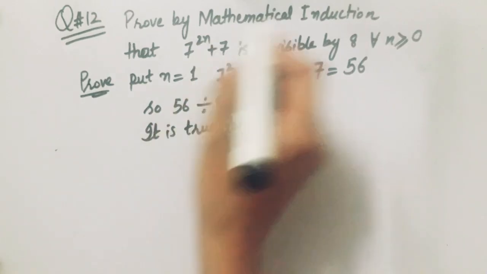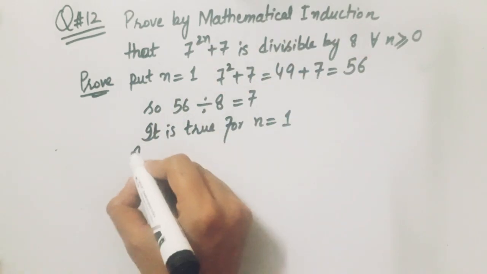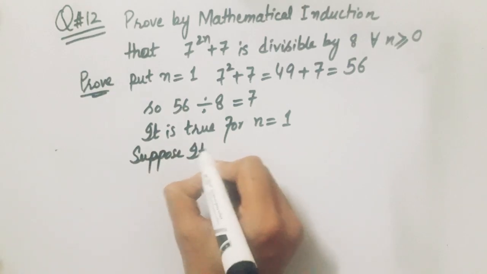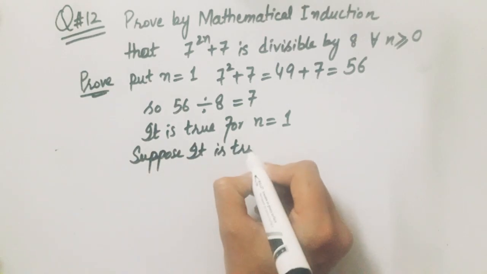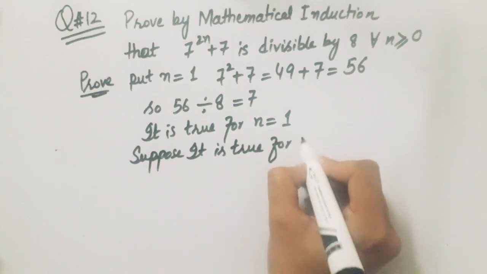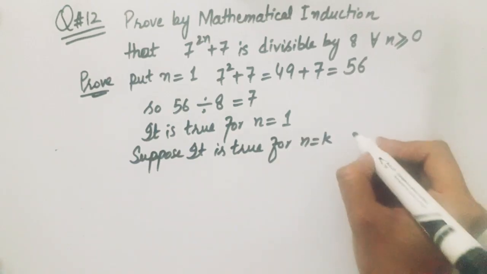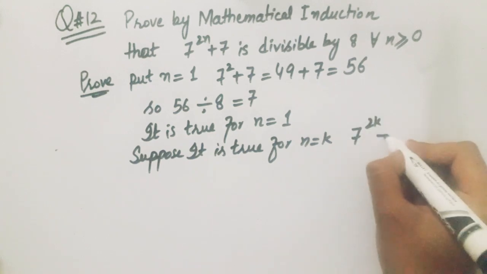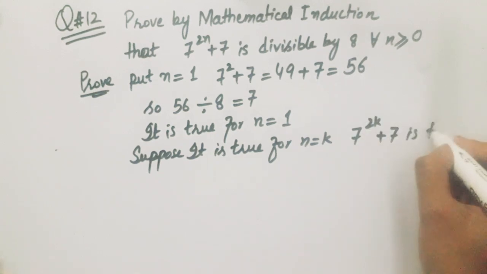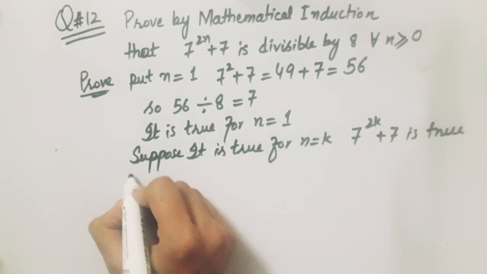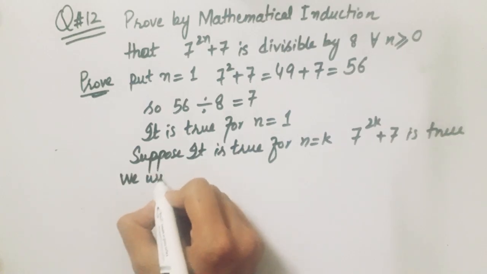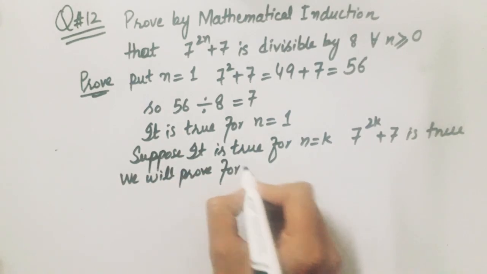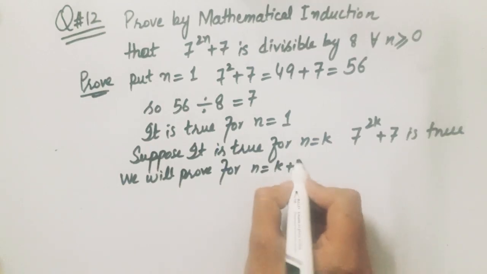Now by mathematical induction, we will suppose it is true for n is equal to k. 7 raised to power 2k plus 7 is true. We will prove this for n is equal to k plus 1.